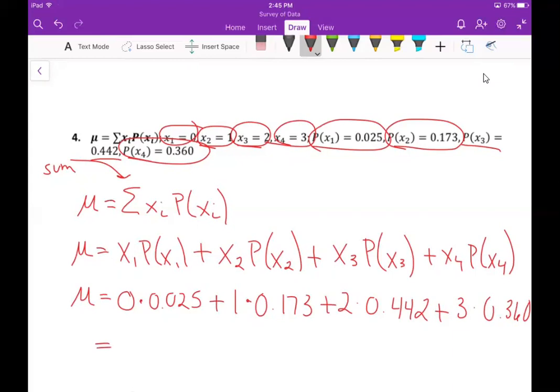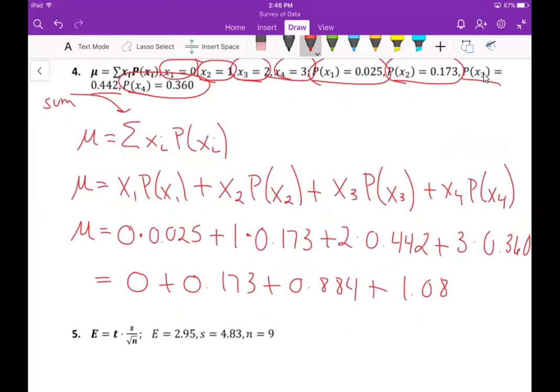So here, 0 times anything is 0, plus 1 times 0.173, plus 2 times 0.442 should give you 0.884, plus 3 times 0.360 will give you 1.08.